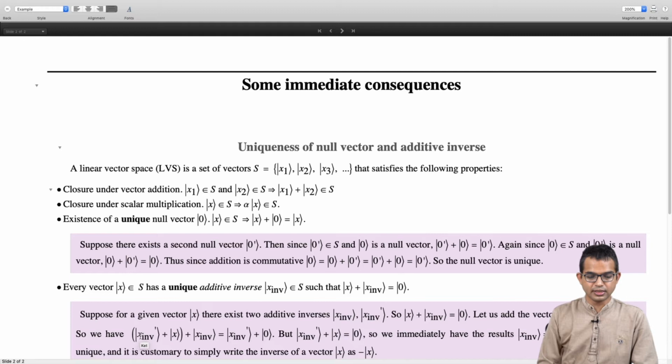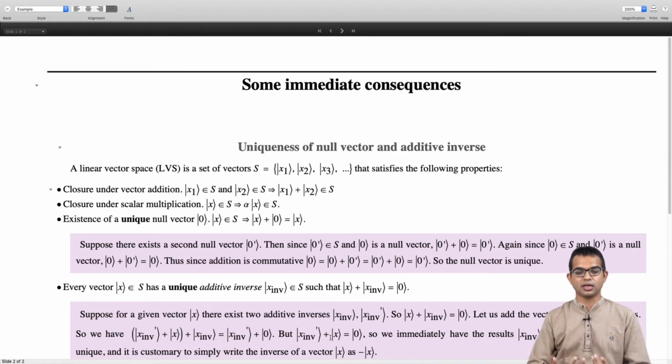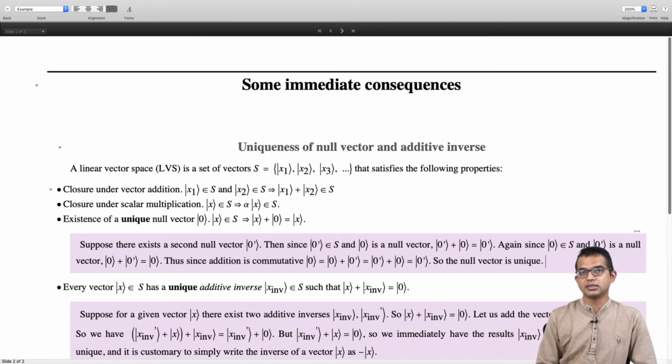But what is x inverse prime plus x? I can combine the first two objects. This is going to be 0, by definition. I have said x inverse prime is an additive inverse of x, so x inverse prime plus x must be equal to 0. So we immediately have the result x inverse is equal to x inverse prime. So the inverse is unique and it is customary to simply write the inverse as minus of this vector.